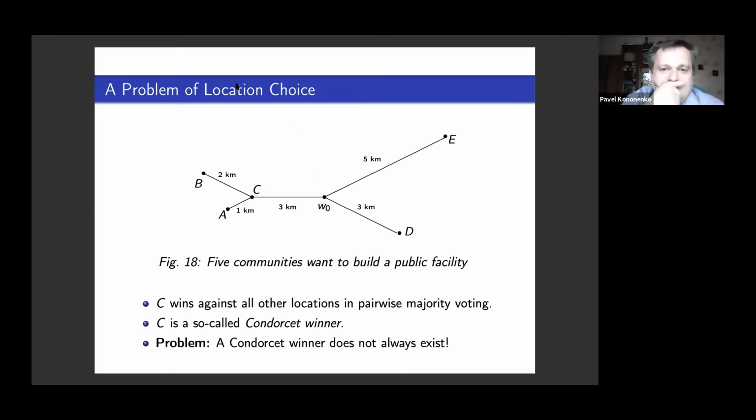Now that was Mikhail's example. Suppose it's a hospital. Well, then, of course, we need to worry about the maximum distance that some community has to the hospital. Suppose we build the hospital in C. Of course, the people in A, B, C are very happy, but those in E have 8 kilometers to travel.